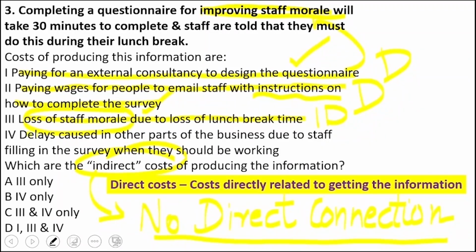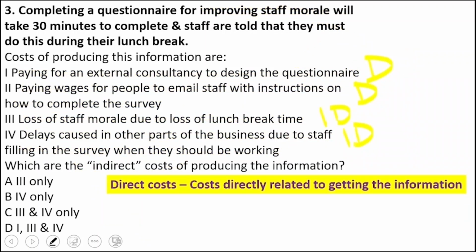Option number 4, delays caused in other parts of the business due to staff filling in the survey when they should be working. Again, there is no direct connection. So it is an indirect expense. So in this particular case, option 1 and option 2 are direct expense, and option 3 and option 4 are indirect expense. Since they've asked about the indirect cost, the right answer is option C.